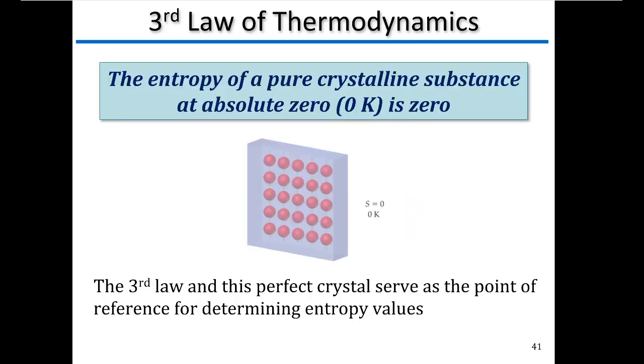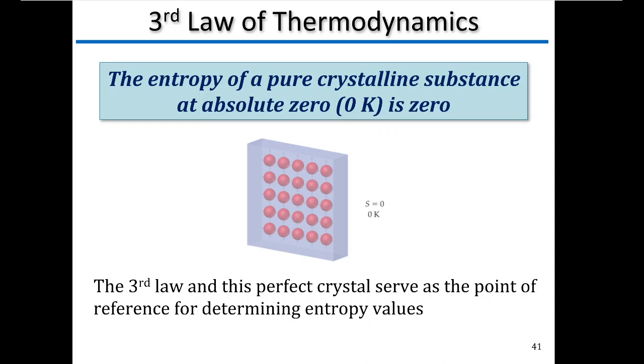So, kind of a definition here: the entropy of a pure crystalline substance at absolute 0, 0 Kelvin, would be 0. The third law and this perfect crystal serve as a point of reference for determining entropy values. So it's sort of a way of setting the scale. Remember that with Celsius, we set the temperature of freezing water as 0 and the temperature of boiling water as 100.